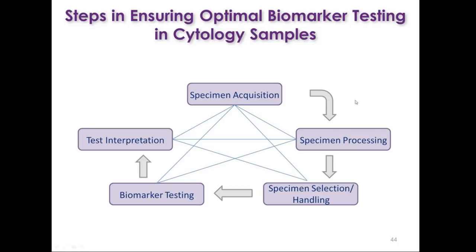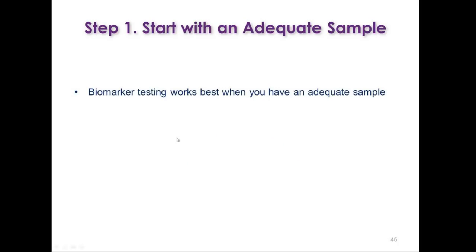And even though this is a stepwise process from specimen acquisition, processing, handling, the biomarker testing, and the interpretation of the test, all of these steps are kind of interrelated and play a role in impacting how you actually end up with the test interpretation.